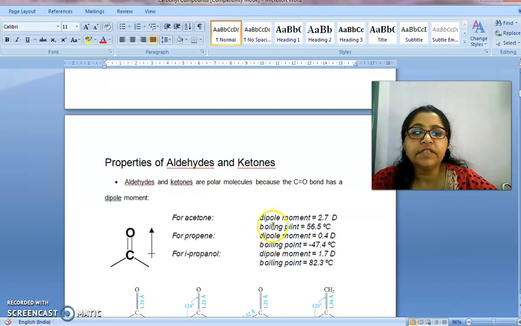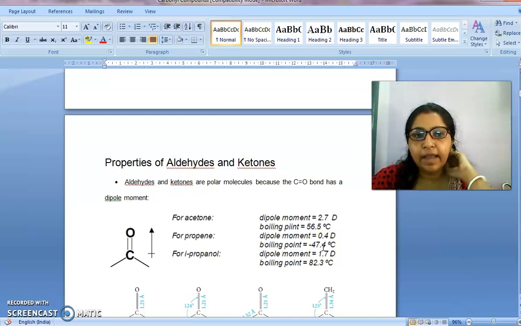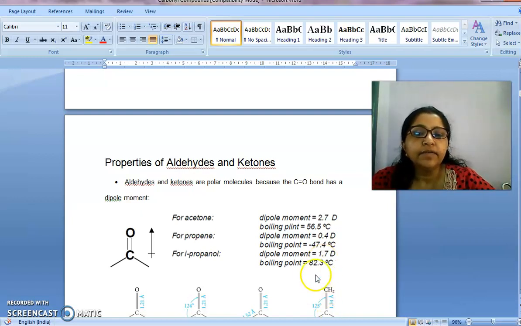Because of its dipole nature, many acetone molecules can associate without forming any hydrogen bond. Acetone, ketones and aldehydes are compounds which do not have any H bonded to an electronegative atom like oxygen. So they have hydrogen, but not hydrogen which can form hydrogen bonds.